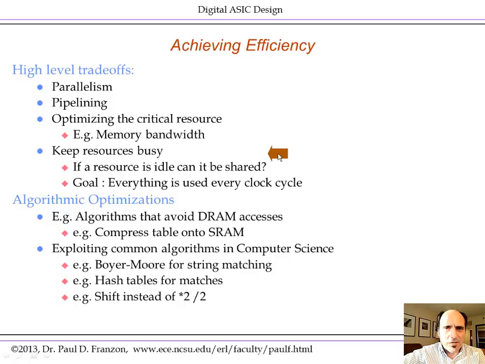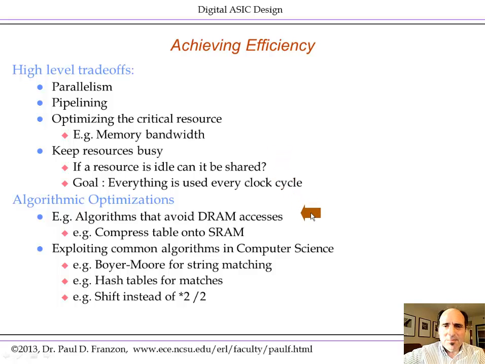If a resource is idle, it means you don't have quite as much efficiency as you would otherwise like. If you can keep everything busy all the time, well, it's like a car production line. Every step in the production line is doing something every minute. Your hardware design should have a similar feature to it, if at all possible, that everything in the design is doing something all the time.